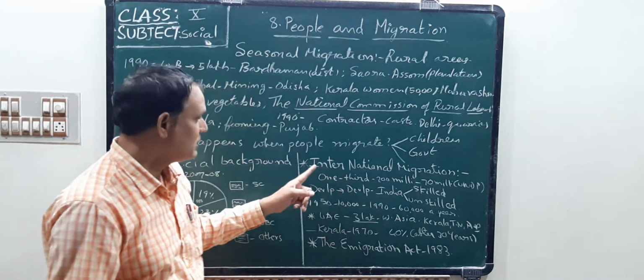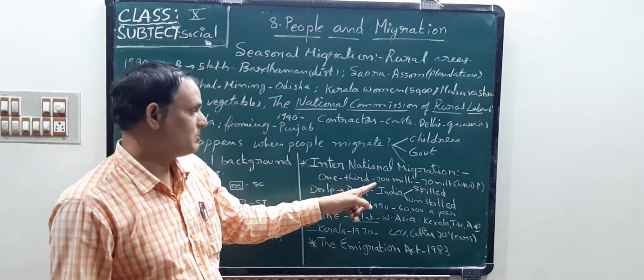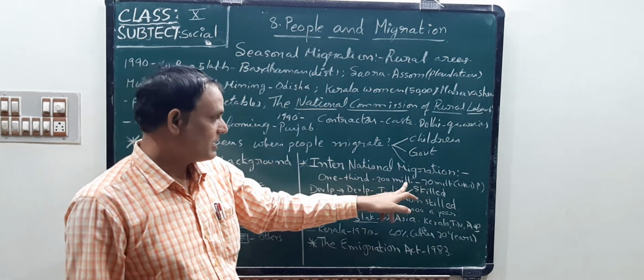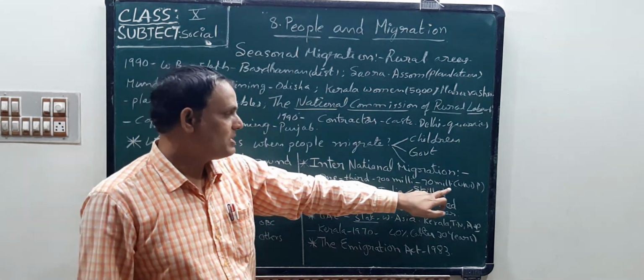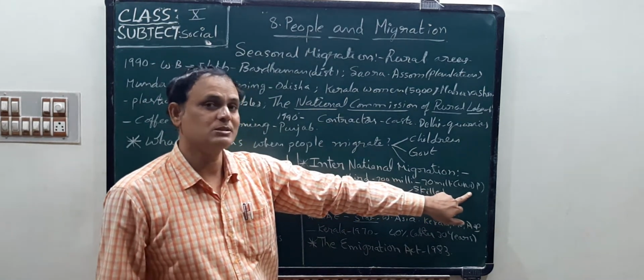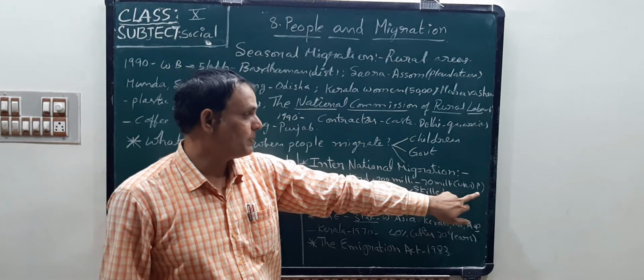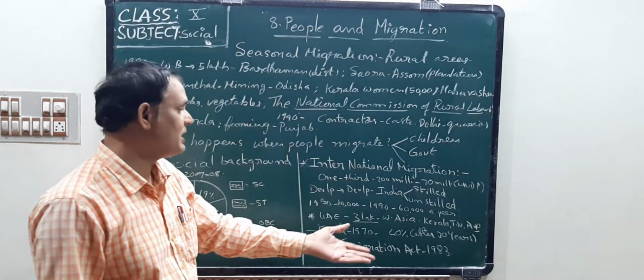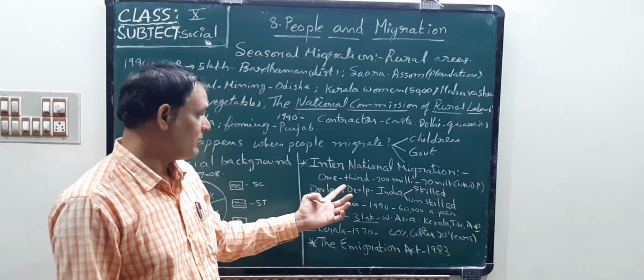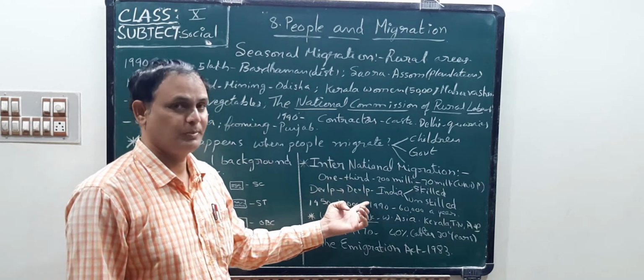Next, one third, that means 70 million out of 200 million people according to UNDP. UNDP means United Nations Development Programme. They are migrating from one state to another state, from one developing country to another developing country.